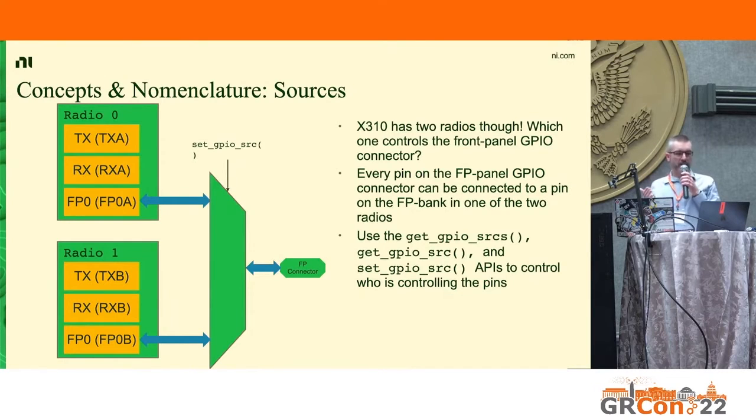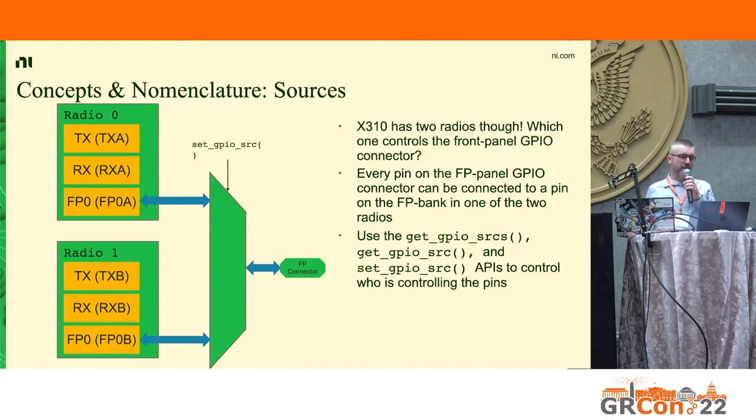So there's a TX connector on the A side and a TX connector on the B side, but there's only one front panel connector, which means this bottom register here, FP0, that's just its designator in software. We have 2 of these banks connected to the same front panel connector. So how do we arbitrate that?